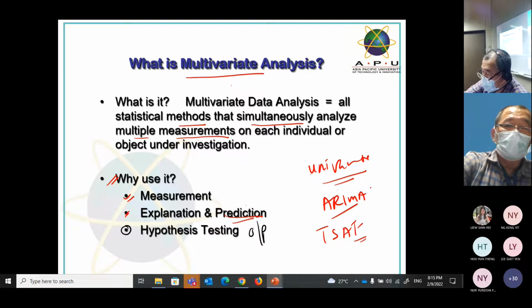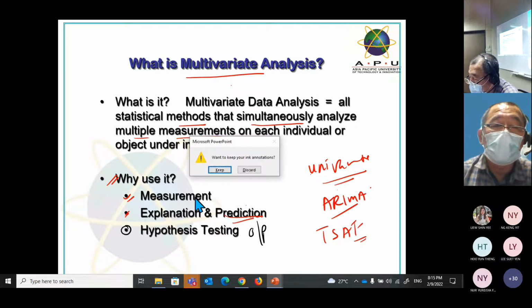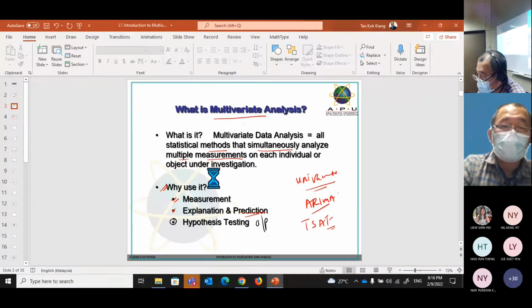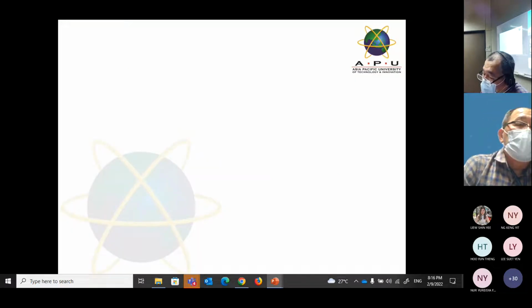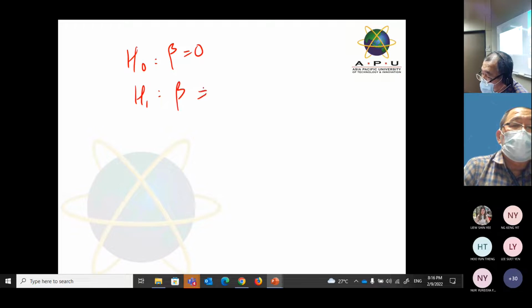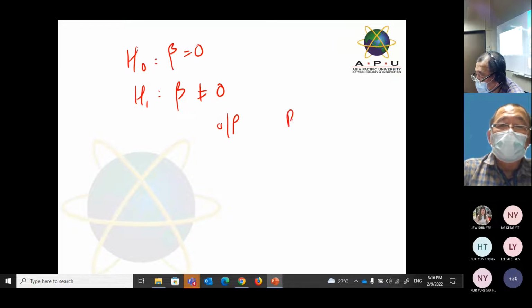So, a quick review on testing of hypothesis. In general, we need to form hypotheses, for example beta equals 0, beta is not equal to 0. Then we get the output, and from the output you can get the p-value.